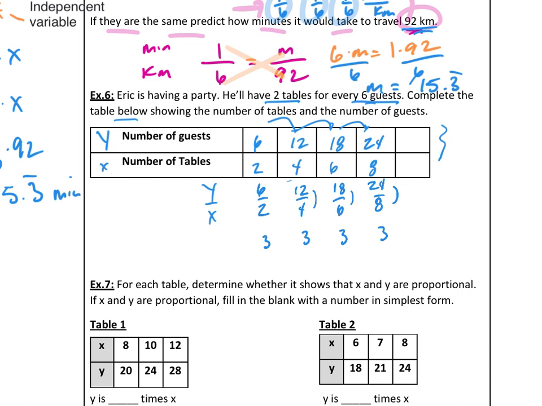If 3 is equal to 3 is equal to 3, that means I've got 3 people per table, right? That's people over tables, so it's people per table. So my k equals 3, because I can know how many people I can have by multiplying that times how many tables I have. How many people can I serve is determined by how many tables I have. Okay.